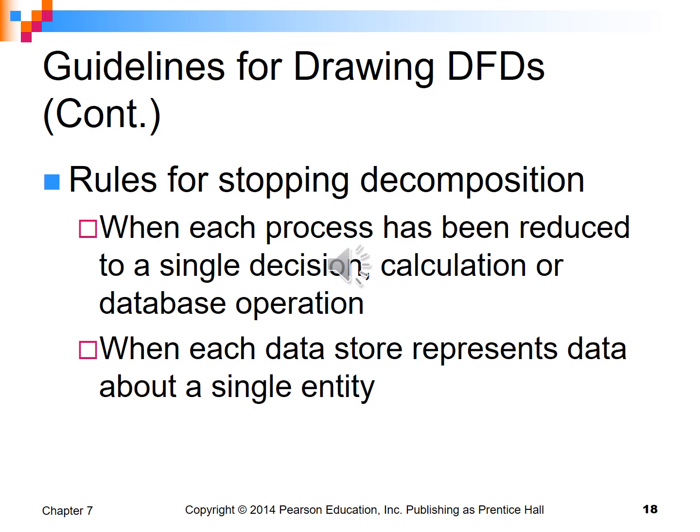Let's say one of them is very important: the system should be easy to maintain. This means you have to have very small components, very small programs, which means you need to explode it further, going to a second or third or fourth level.